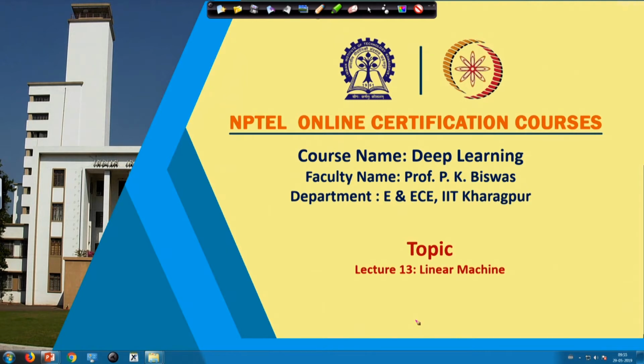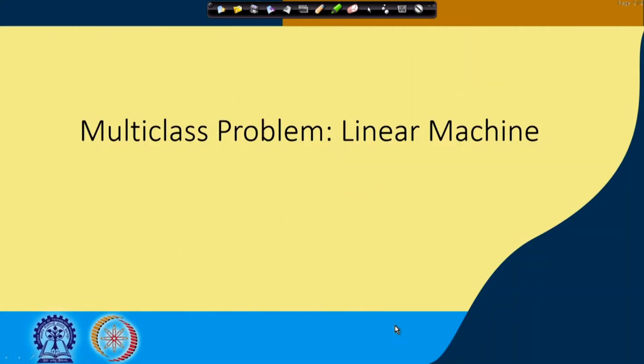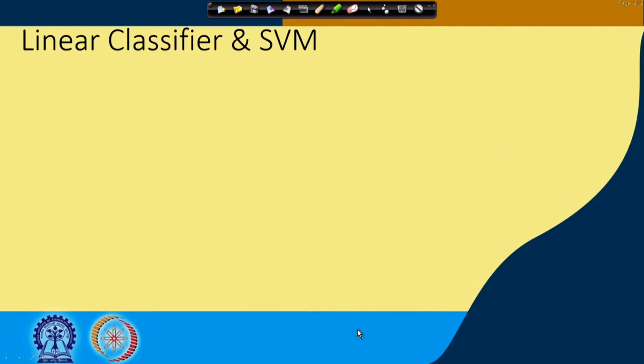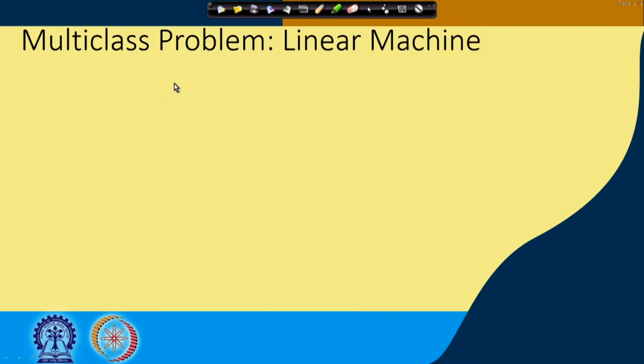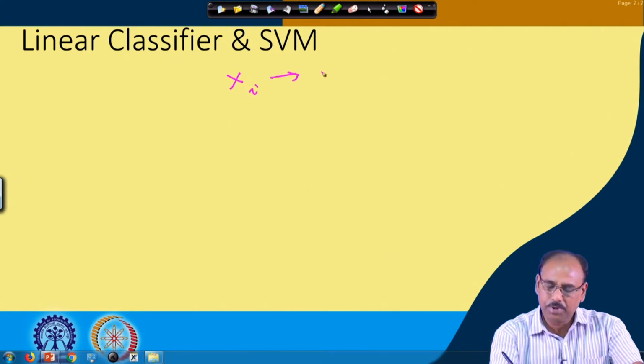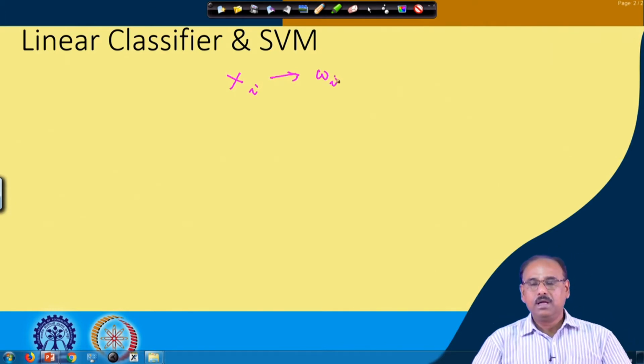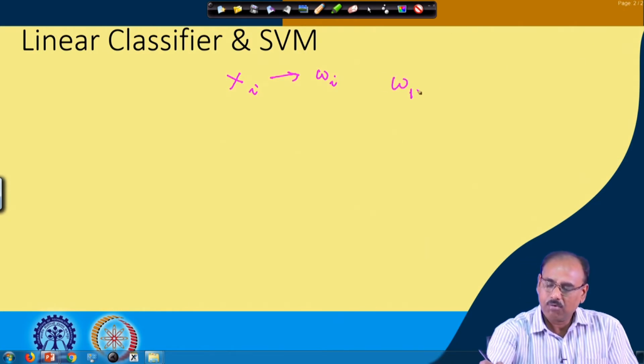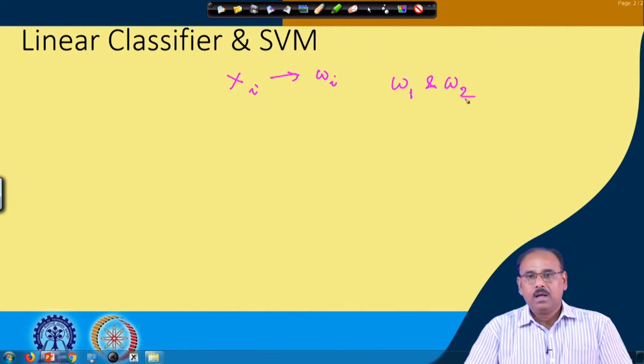What we did in the case of a linear classifier is that we assumed that we have a number of training samples y I, which were assumed to belong to class omega I, in the sense that I had training samples from two different classes, class omega 1 and class omega 2, and using these training samples we wanted to find a separating plane which separates the samples belonging to class omega 1 and class omega 2.